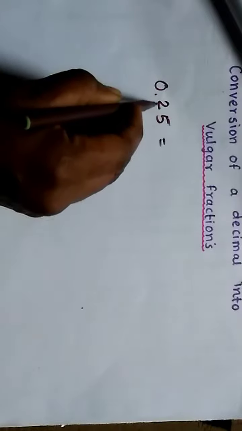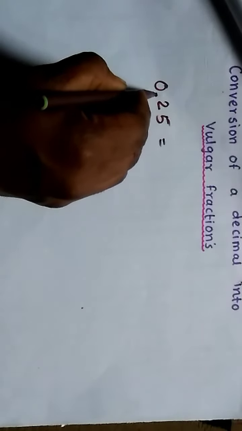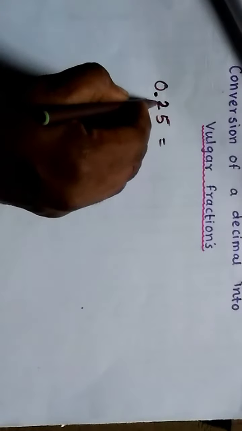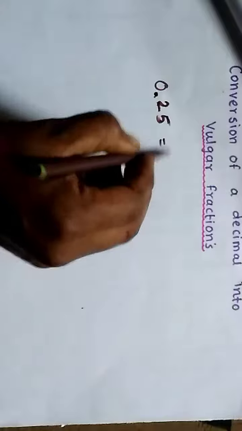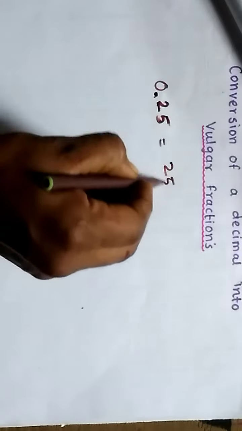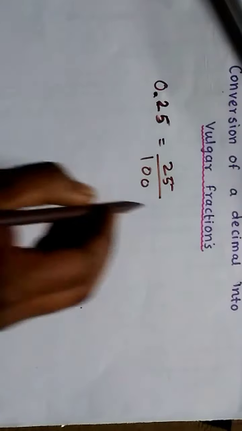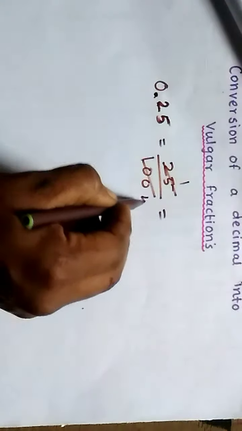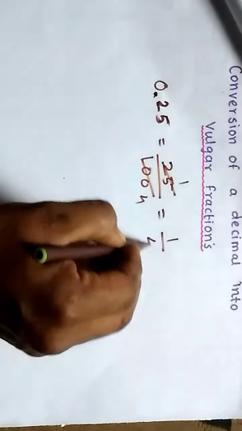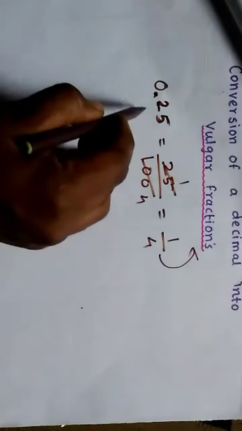Here the point has 2 places after it, so we divide 25 by 100. This equals 25 ones are 25, 25 fours are 100, so 1 by 4. This is the vulgar fraction, and this is the decimal fraction.